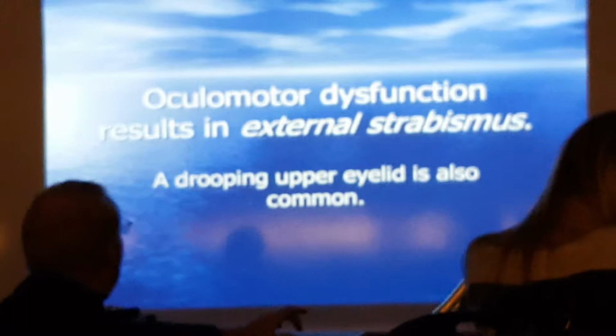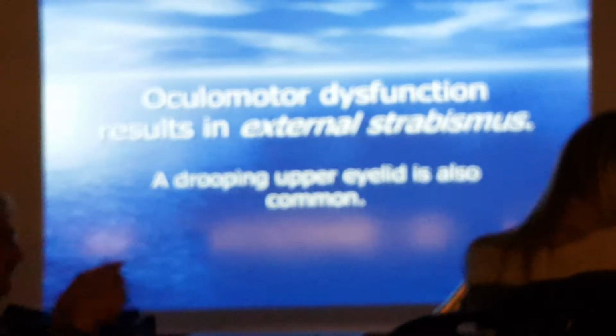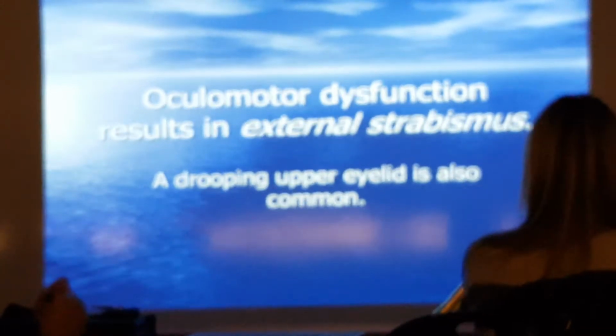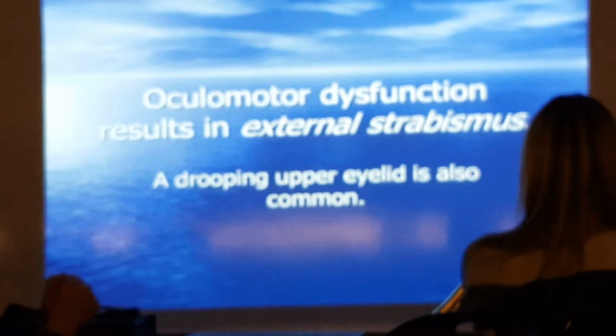You'll get the eyes pointing to the outside, and the technical name is external strabismus. You could call it lazy eye or whatever you wanted to. Of course, lazy eye isn't very specific.